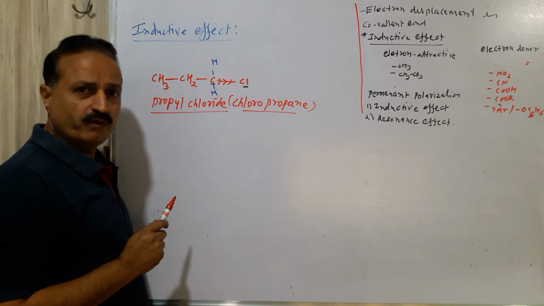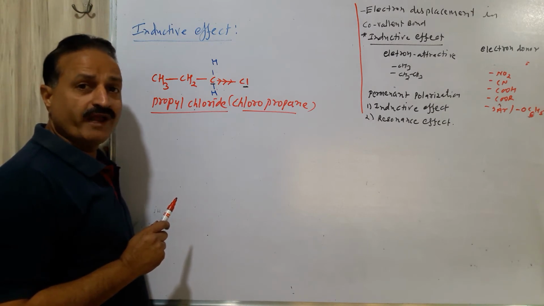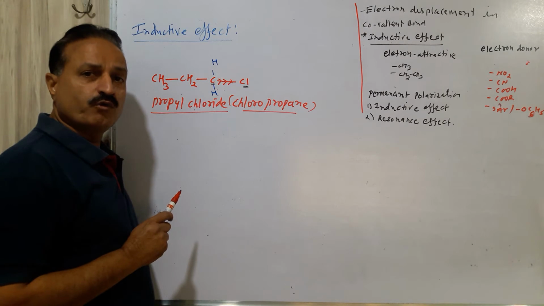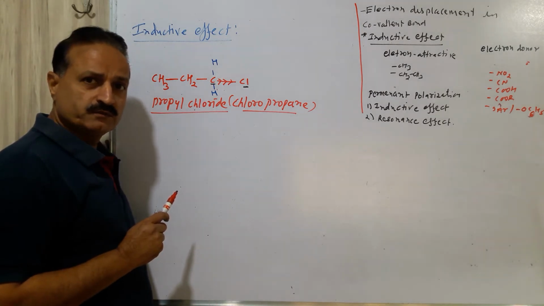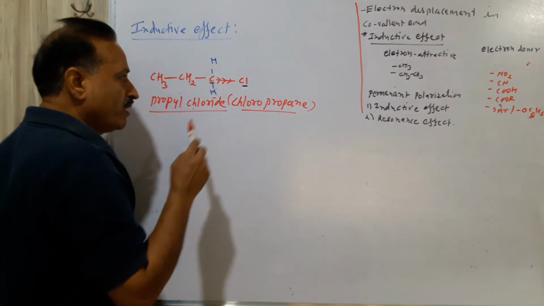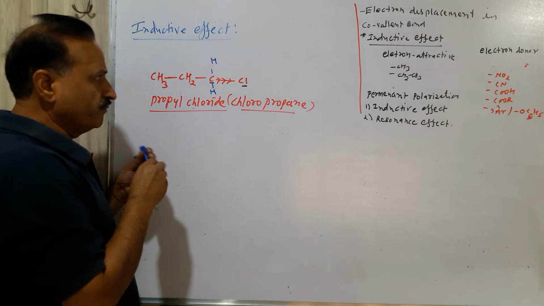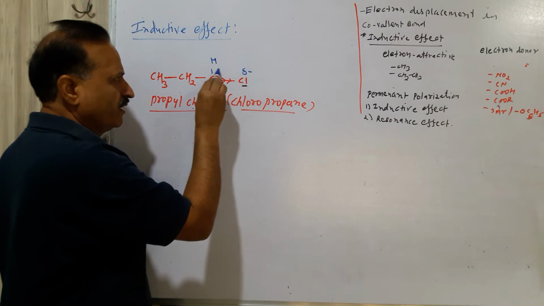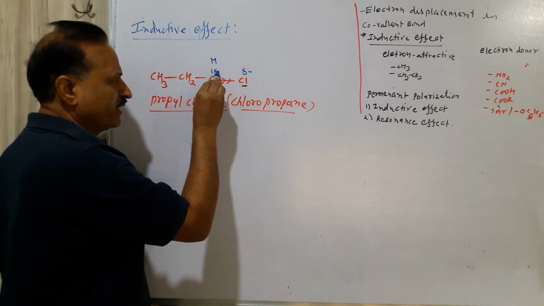A polar bond will form if there is an electronegativity difference between the two elements forming the covalent bond. So chlorine will become partial negative, that is delta negative, and carbon will become partial positive.